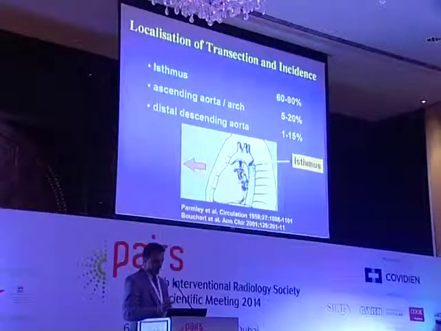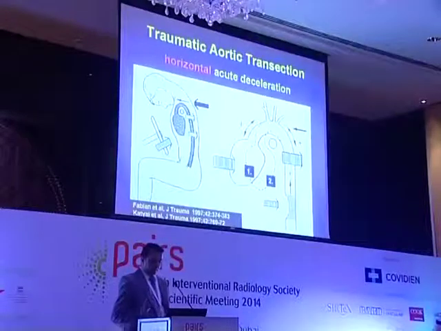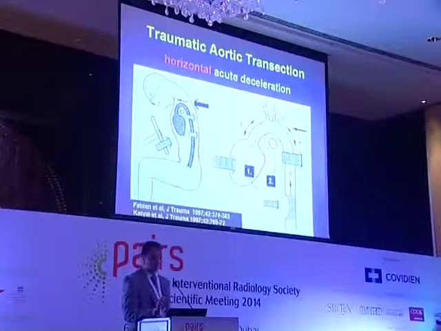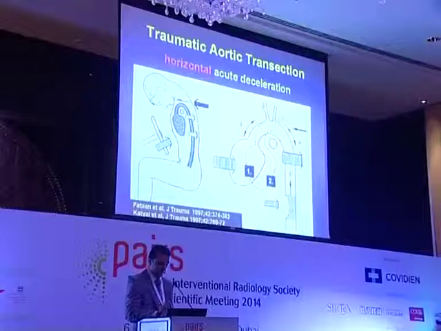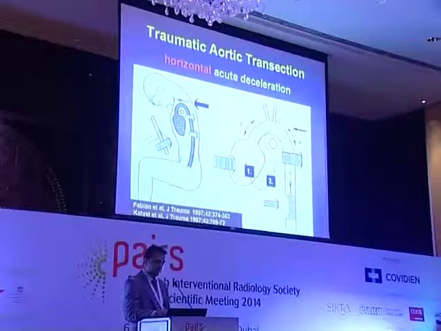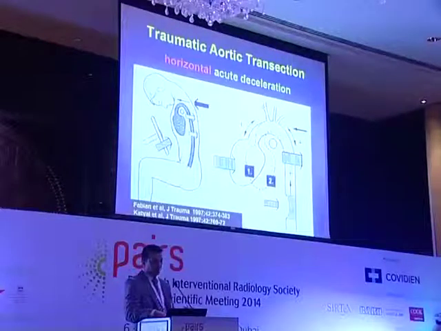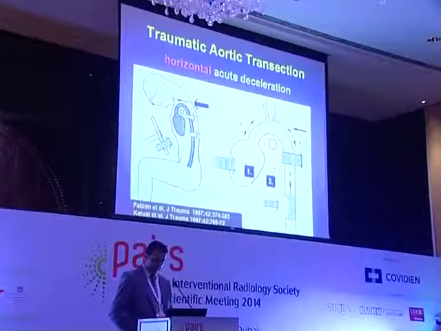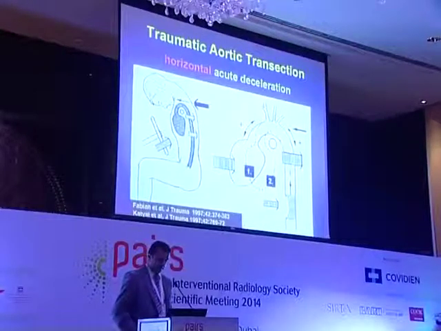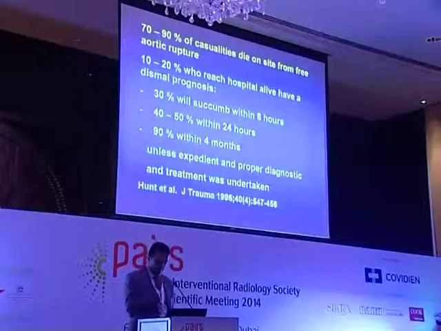In some cases, you can see it at the aortic arch or distal descending aorta. It results from a horizontal acute deceleration where the descending aorta is fixed and the mobile heart and aortic arch are twisted against the descending aorta, and as a result, you have this aortic blunt trauma.